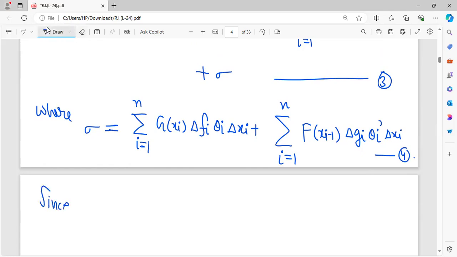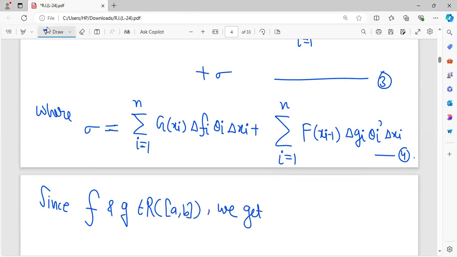Since F and G belong to R[a,b], we get that capital F and capital G are continuous on the closed interval AB.